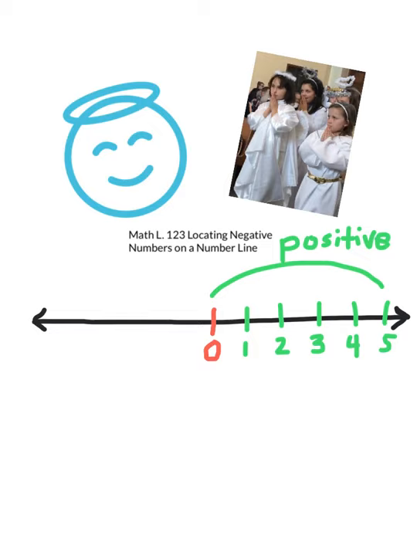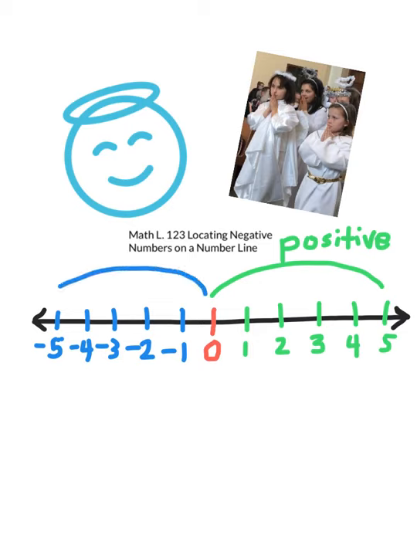Now, if we go down below 0, and we count backwards from 0, we're going to count -1, -2, -3, -4, -5. And notice that we use a little minus sign to show that it's a negative number. Negative means less than 0 or below 0.